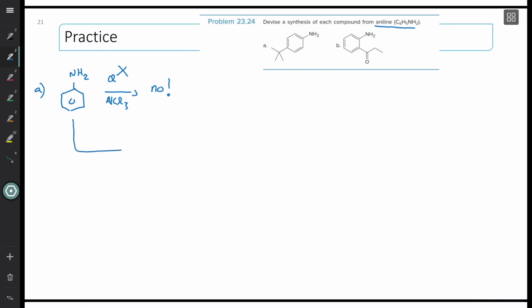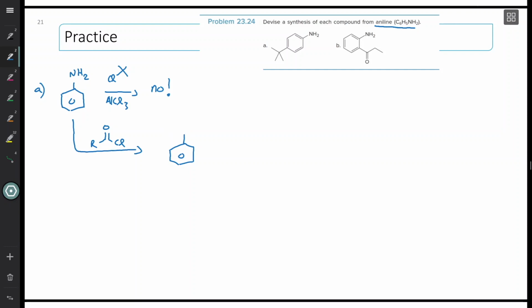So instead, we're going to do the protecting route. We're going to react with an acid chloride. It doesn't really matter which, because we're going to remove it at the end. This is so reactive that you really don't need anything else. Oops, sorry.